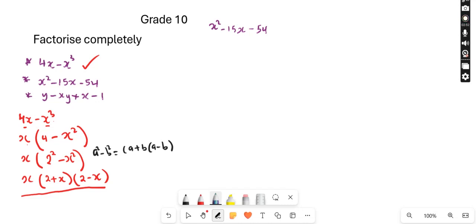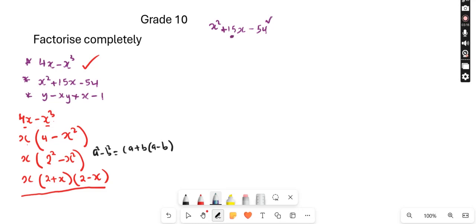The first step is to look at the factors of 54 which, when you add them, give you negative 15, and when you multiply, give you negative 54.